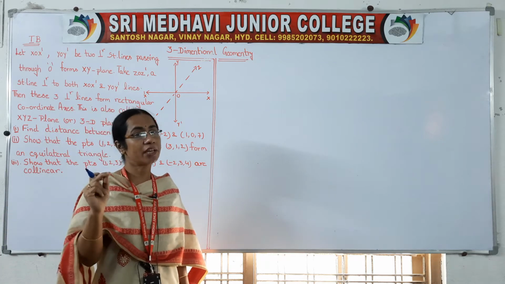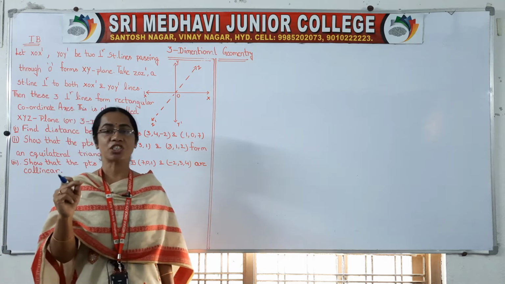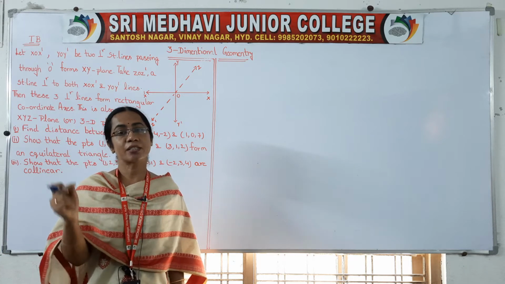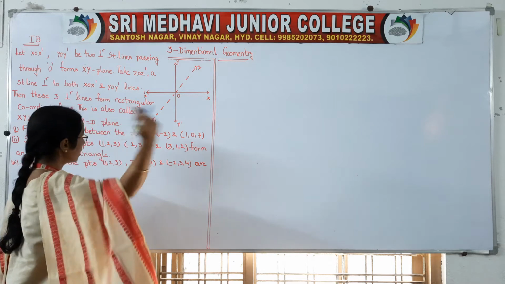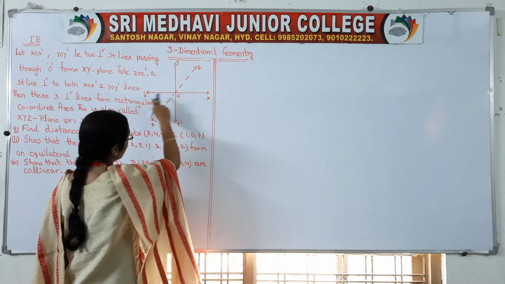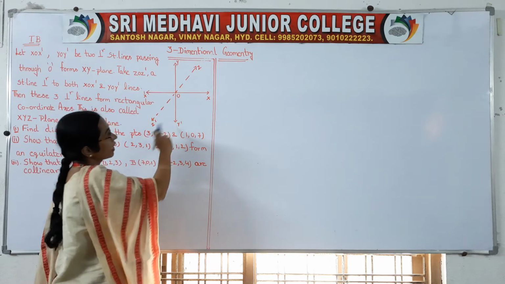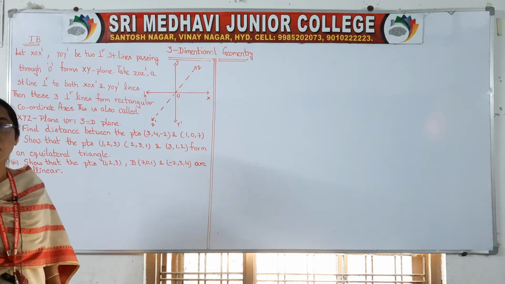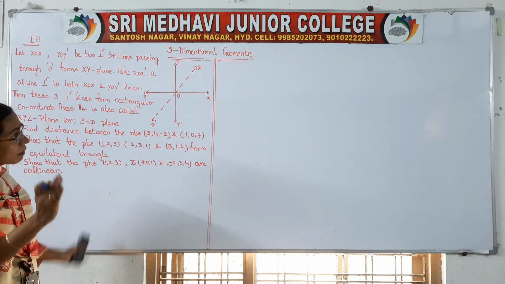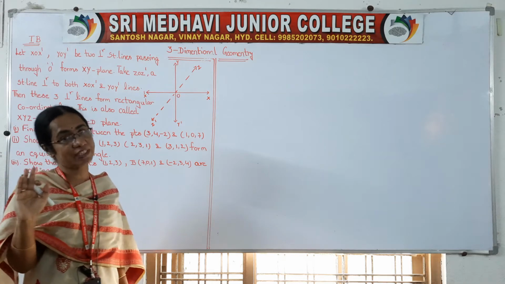Whenever a point is in the three-dimensional plane, it contains an x coordinate, y coordinate, and z coordinate. See here, this is your x dash x axis and this is your y axis. Both are perpendicular to each other and pass through the origin. They form an xy plane, or coordinate axis, we will say.